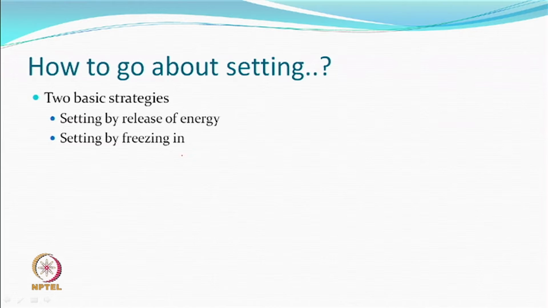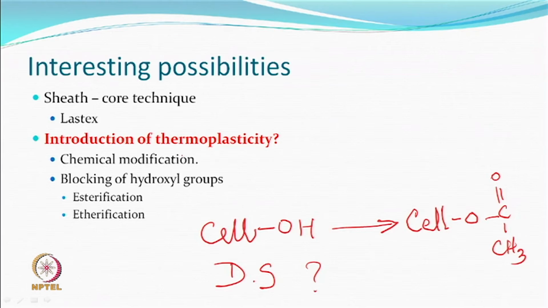You can set by release of energy, or you can set by freezing in. So, the same thing that we discussed before will be valid here as well. Only thing that may change is which chemical, which solvent, what kind of things you will have.